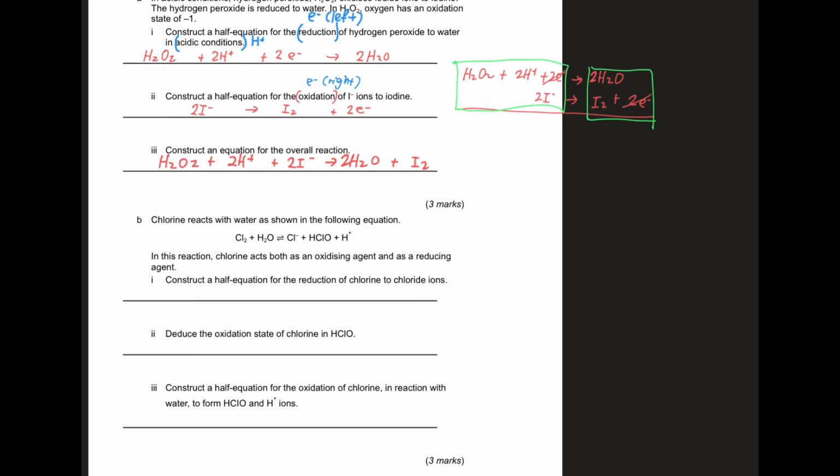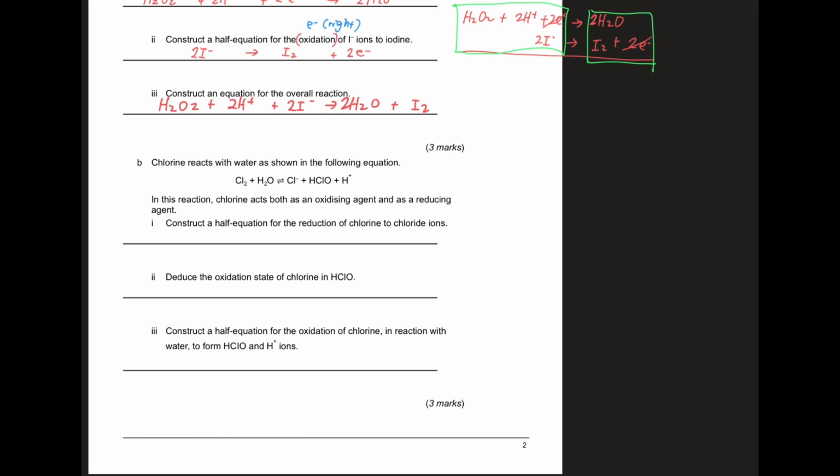Now, let's look at B. For B, they say chlorine reacts with water as shown in the following equation. So you can see this is disproportionation because Cl2 is 0, which changes to -1, and 0 changes to +1.